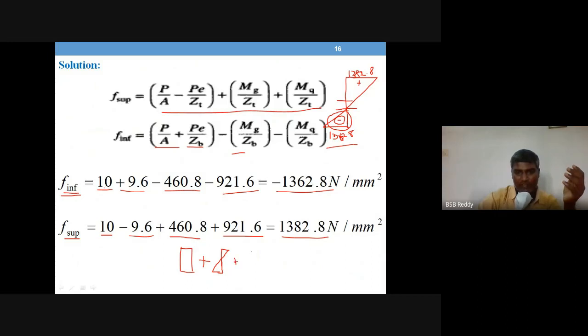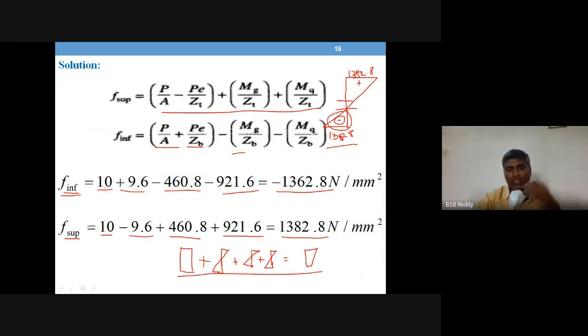So likewise, you may even produce such diagrams. Okay, something like this. So likewise, you can have diagrams like this for direct stress from pre-stress, bending stress from pre-stress, dead load, live load stresses, and final stress diagram.